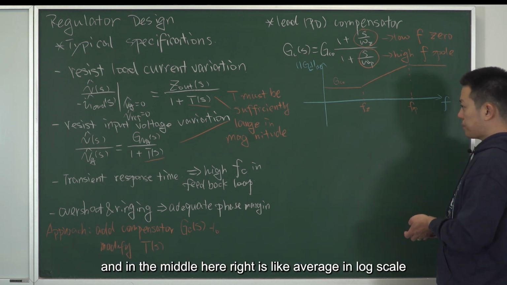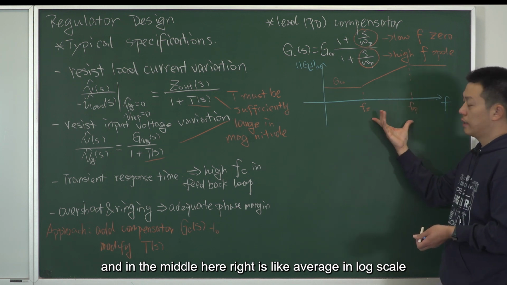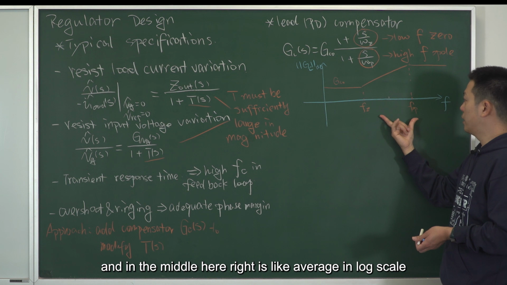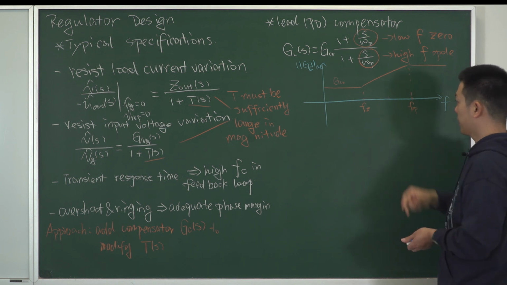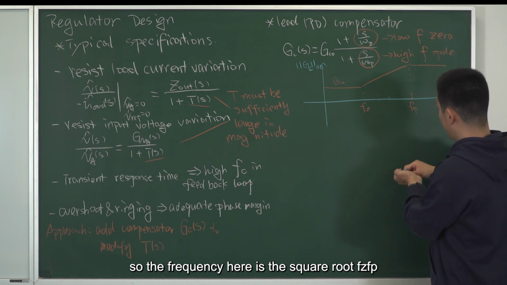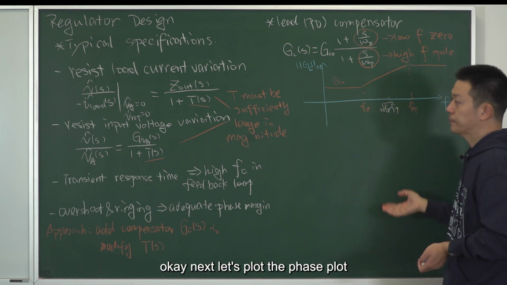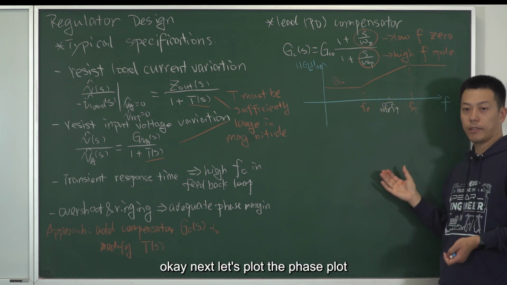And in the middle here is like the average in log scale. So the frequency here is the square root of Fz times Fp.